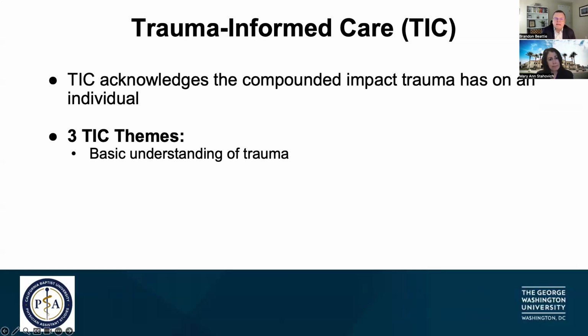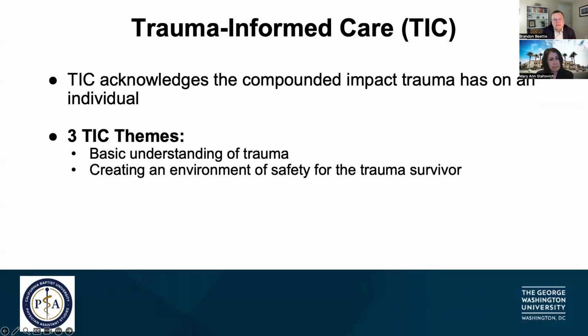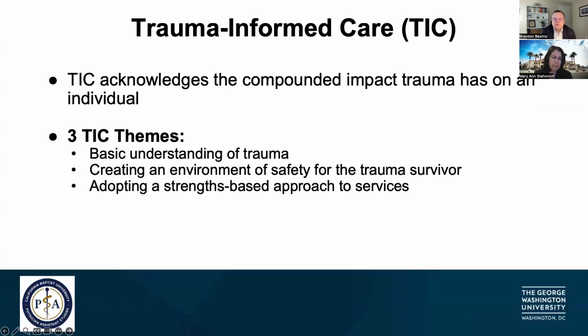So thinking about things like the behavioral responses, the symptoms, assessment, and treatments. Additionally, working to create an environment of safety for the trauma survivor. And so focusing on things such as privacy, respect, and awareness. And then lastly, adopting a strengths-based approach to services. And so fostering skill building, resiliency, and empowerment.